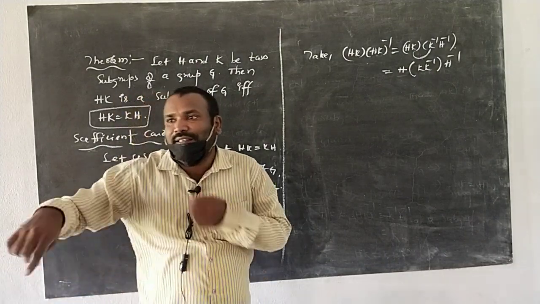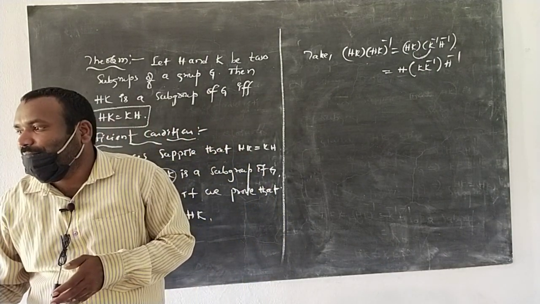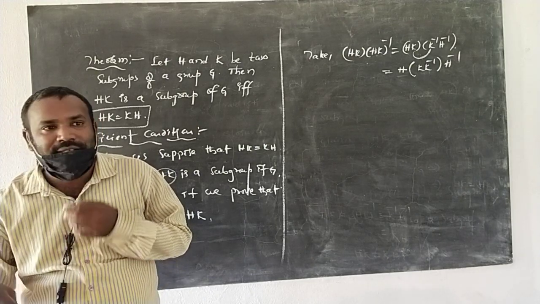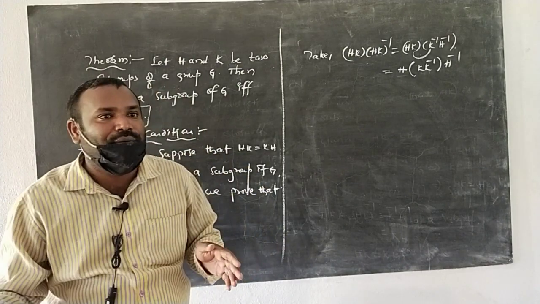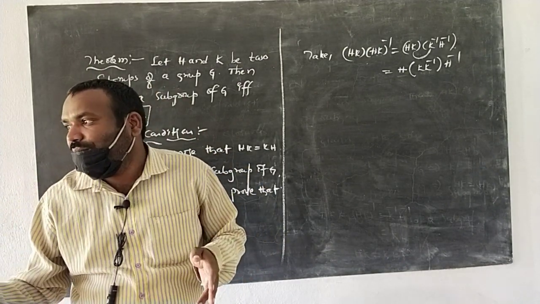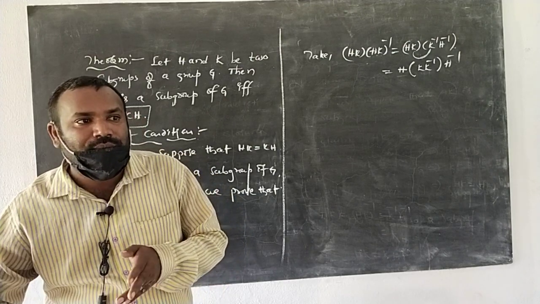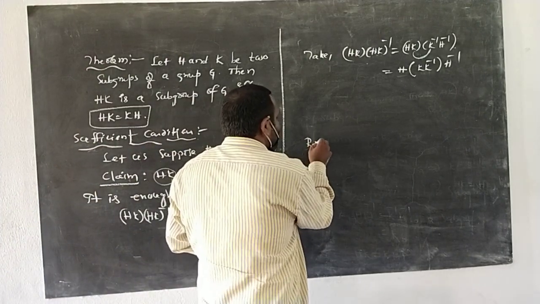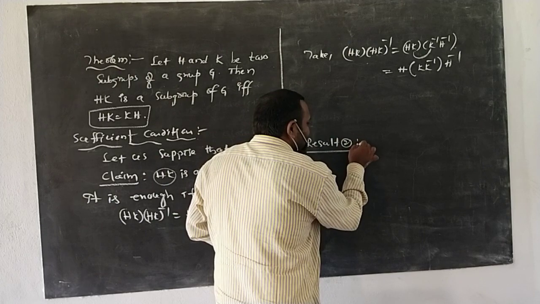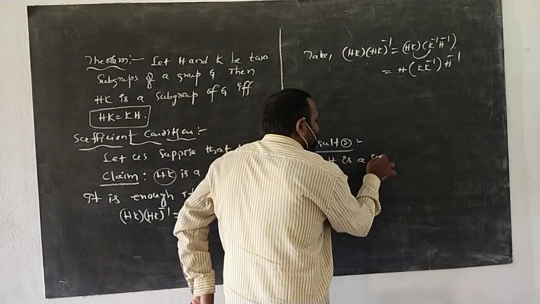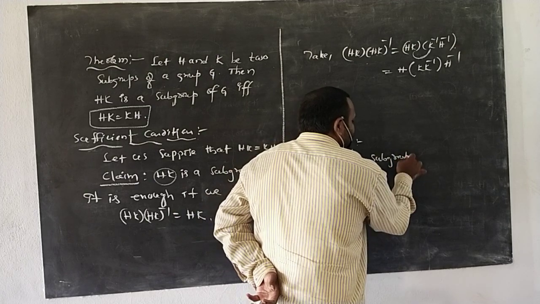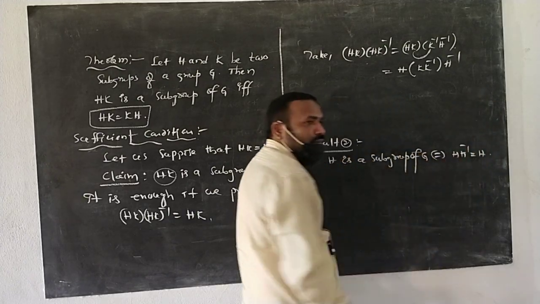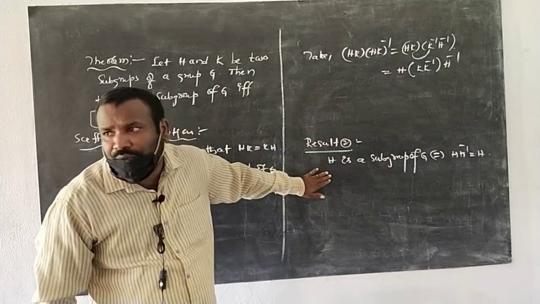K into K inverse, K is a subgroup. Then what is K inverse? Tell me. K is a subgroup, apply result 2. Result 2 says H is a subgroup of G if and only if H inverse equal to H. For any subgroup you can apply this condition.